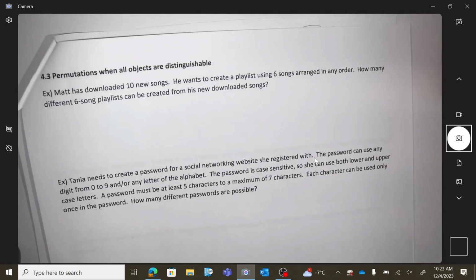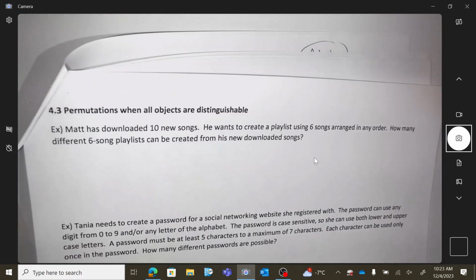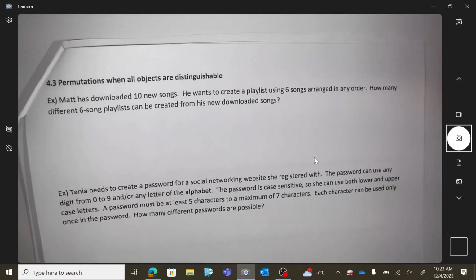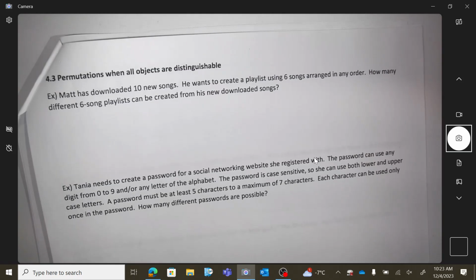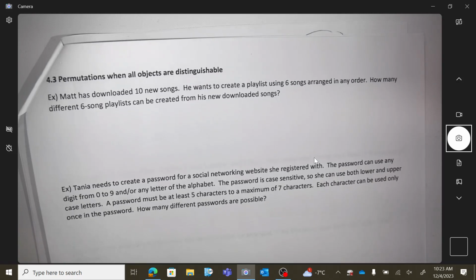Okay, next page. Matt downloaded 10 songs. He wants to create a playlist using 6 of them in any order. How many different 6-song playlists can he make?